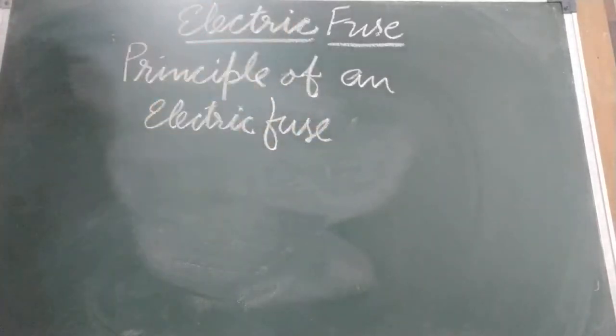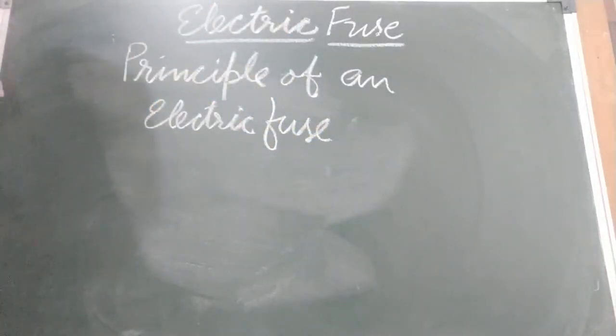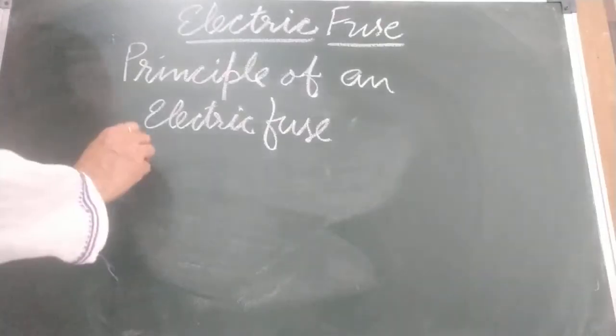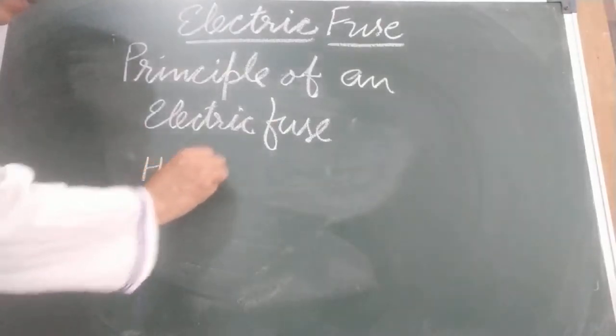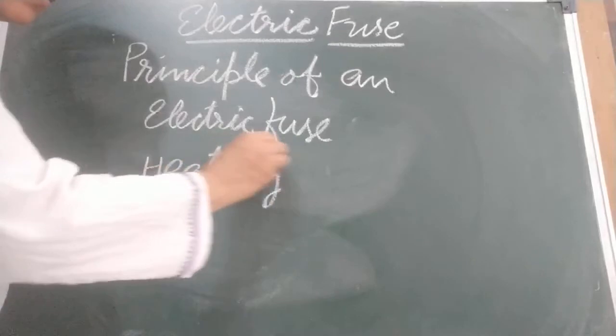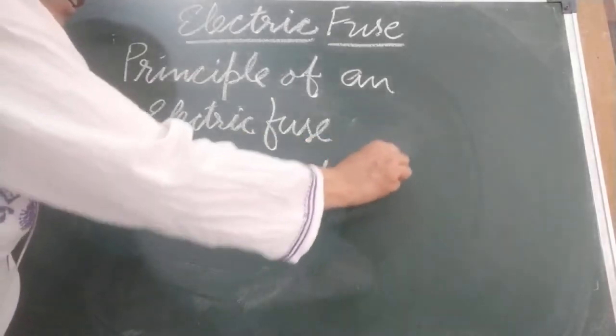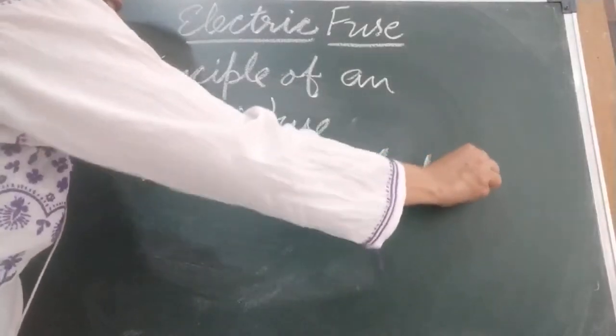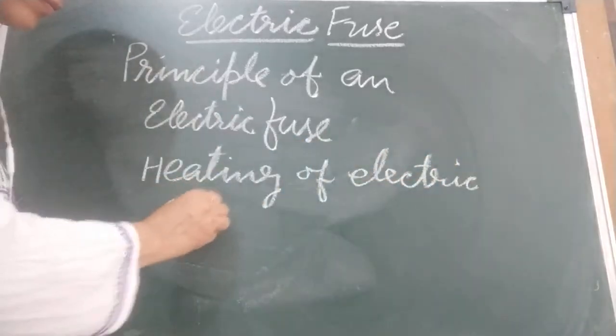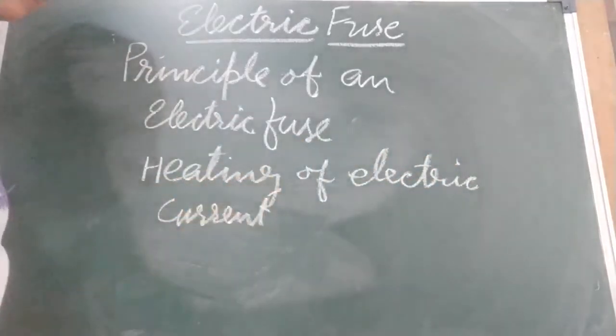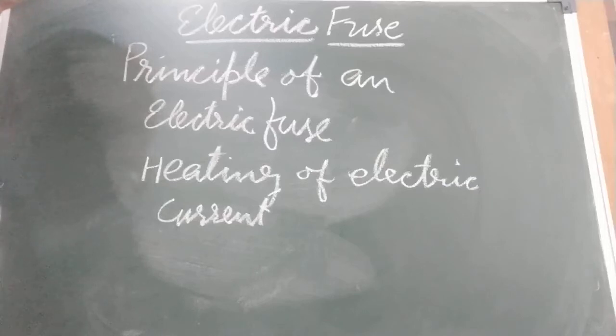The electric fuse works on the principle of heating effect of electric current, but here in less heat it melts. The amount of heat caused depends on the amount of current flowing through the wire. If the current is greater, more heat would be produced.